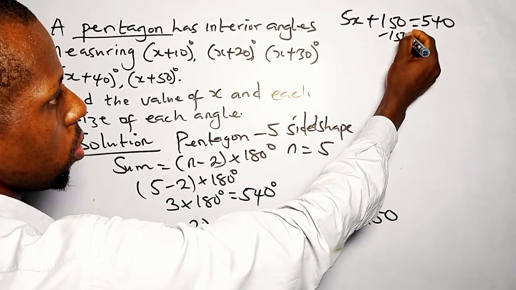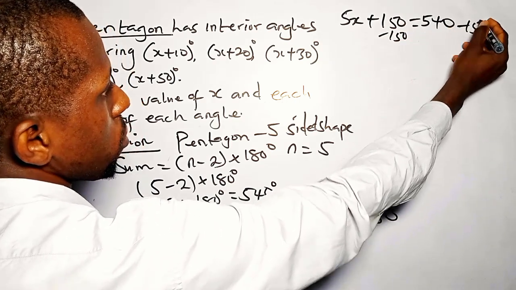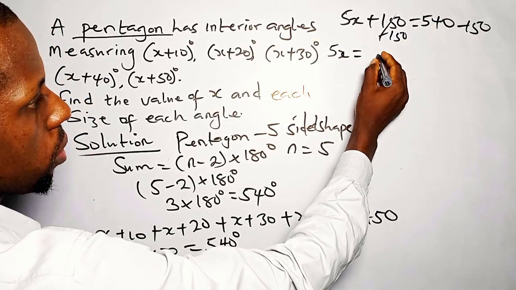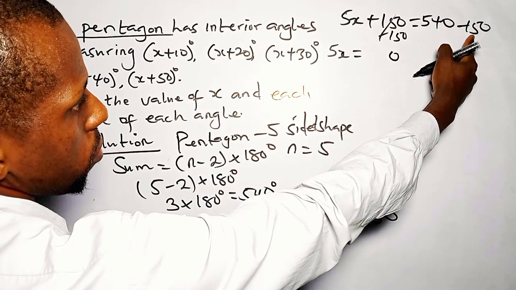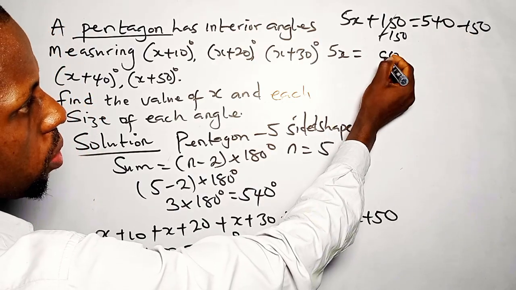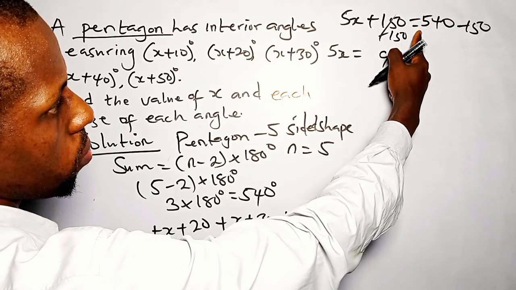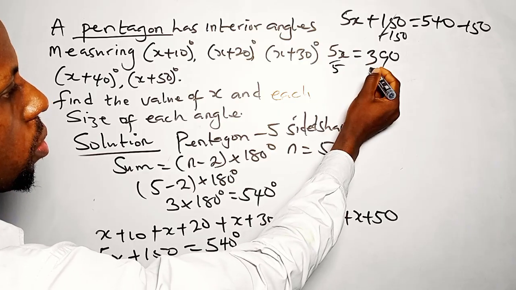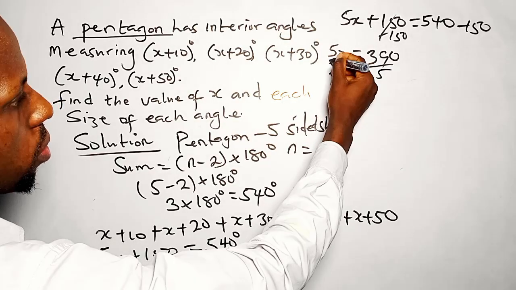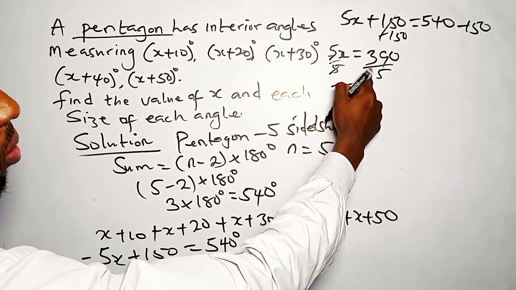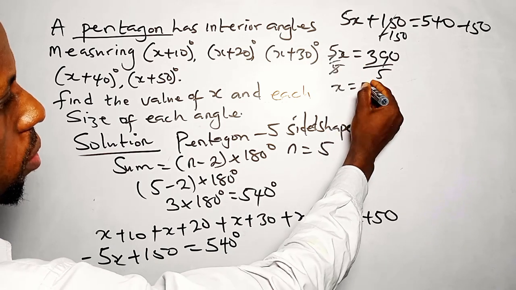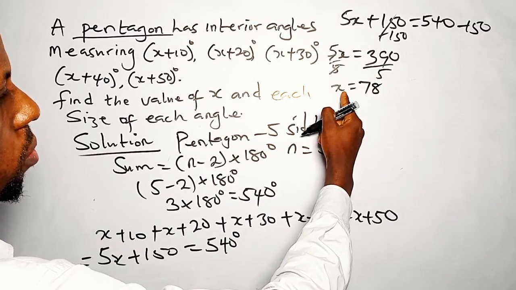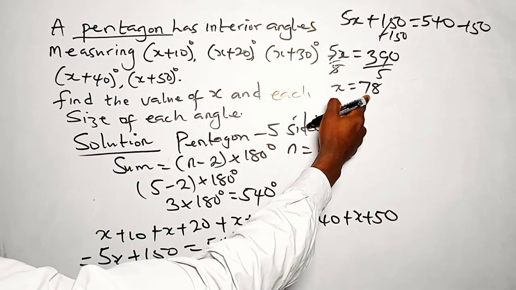So 5x equals 540 minus 150, which gives 390. Then we divide both sides by 5 to get the value of x. So x equals 390 divided by 5. 5 times 7 is 35, 5 times 8 is 40, so the value of x represents 78.